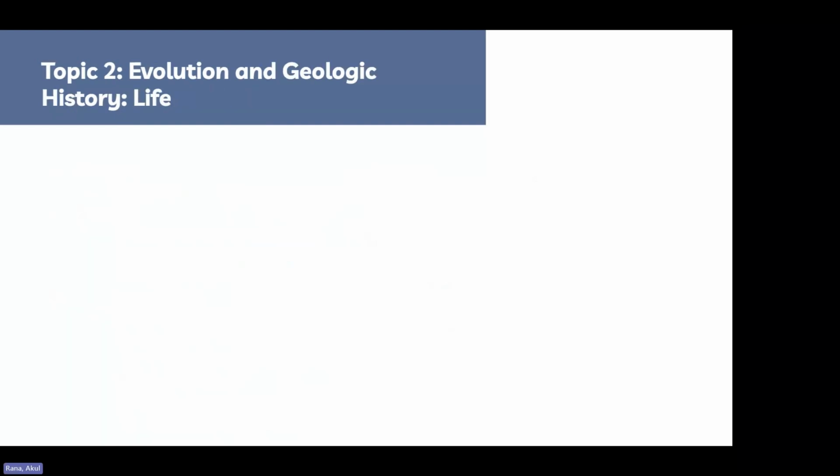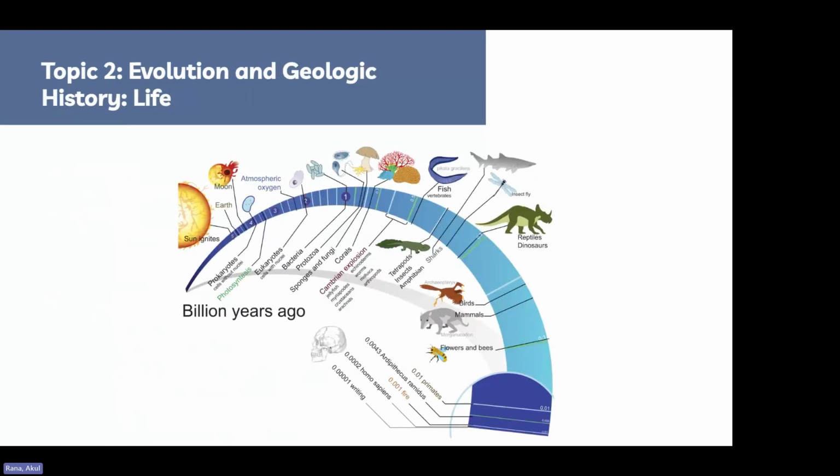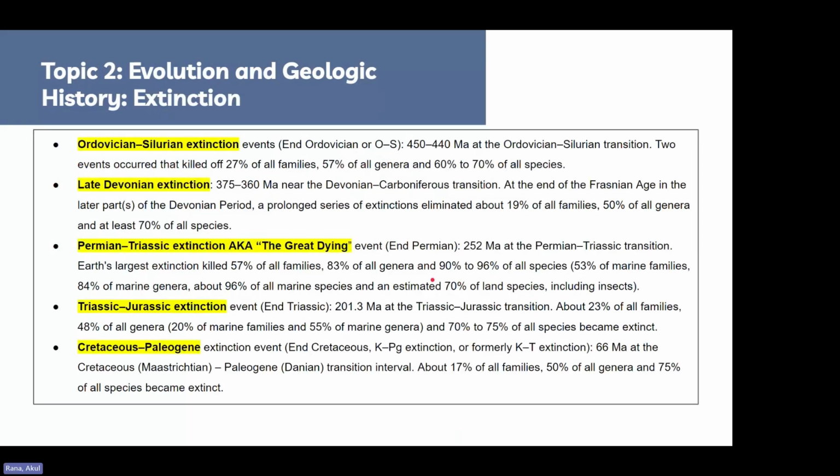And then this is something that's going to come up too, is when do certain forms of life start appearing? So this is what we talked about, the bacteria, and then corals and fungi, and then the Cambrian explosion introduced so much more stuff. And part of the fact of life is that a lot of them end up dying, and for the most part, things will die in pretty noticeable waves or patterns.